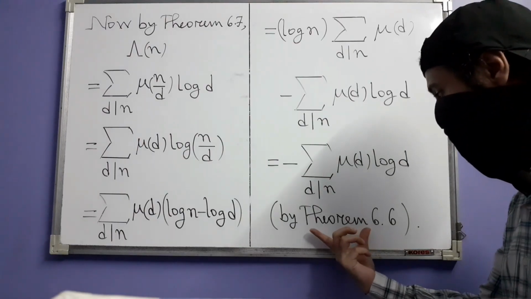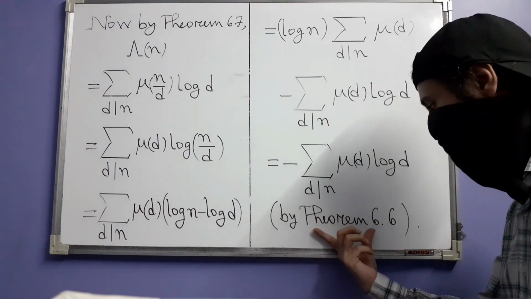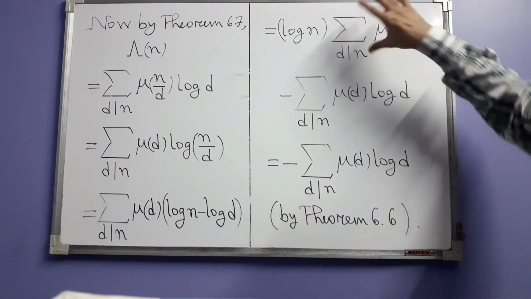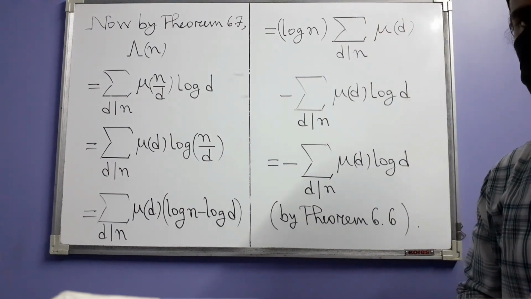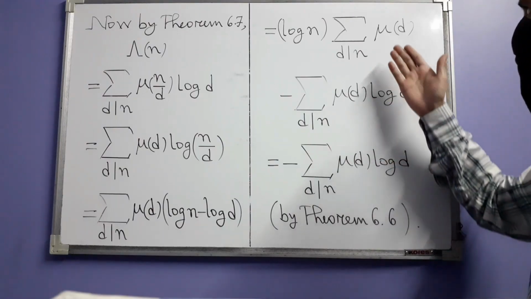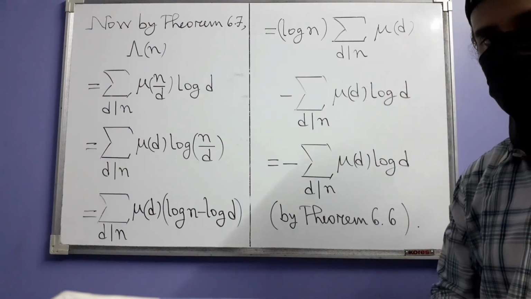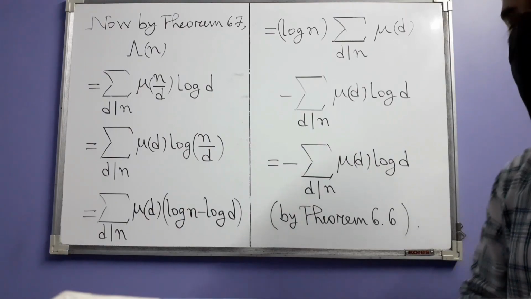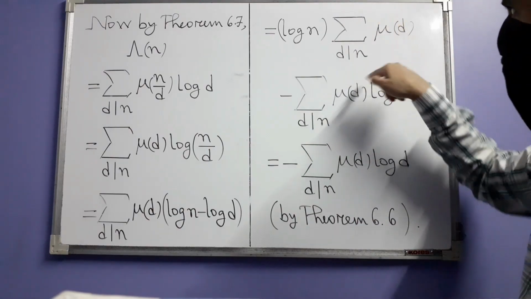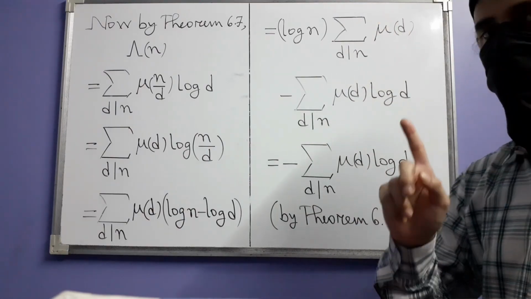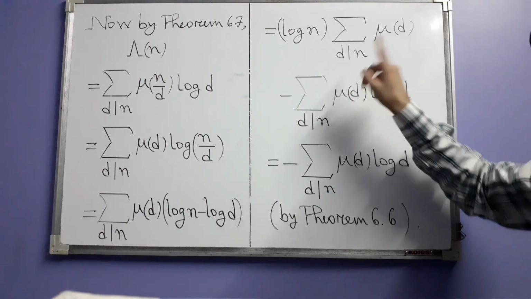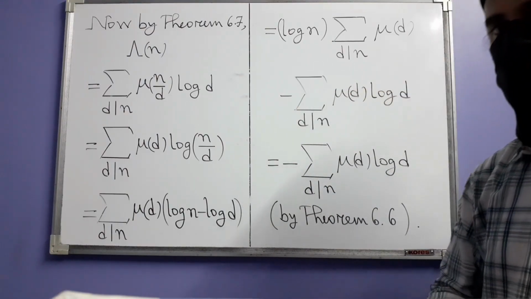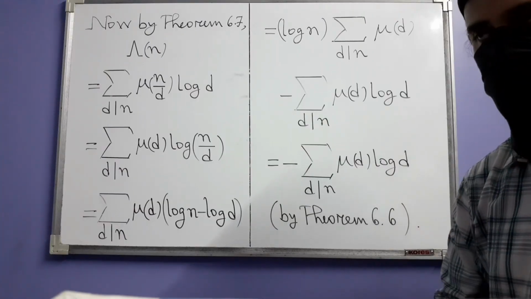Now you go to the text and see the statement of theorem 6.6, which tells us something about this sum. When we were studying the function mu, at one point we considered this and we found that this sum is equal to 1 when n is 1, but if n is greater than 1, then this sum is 0.